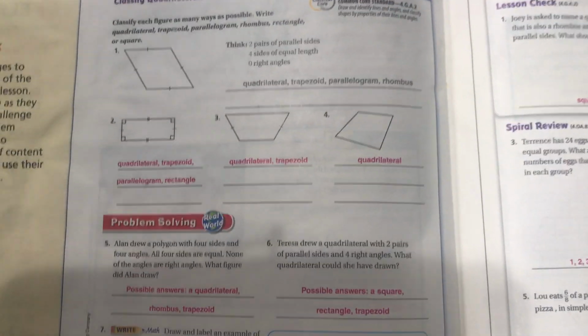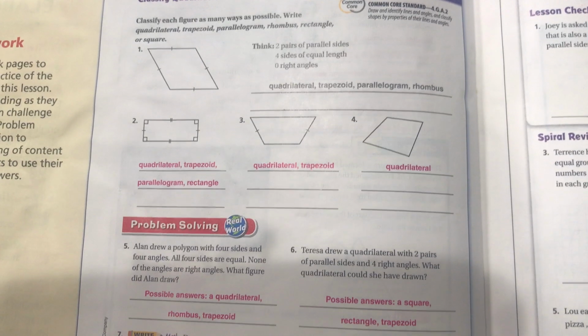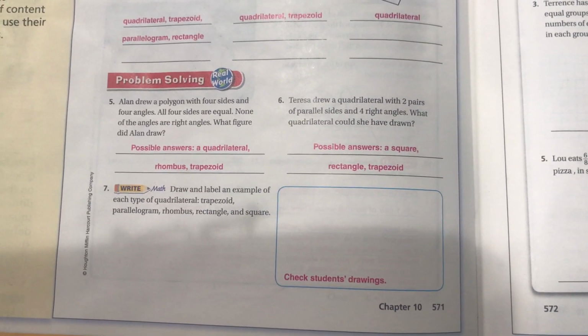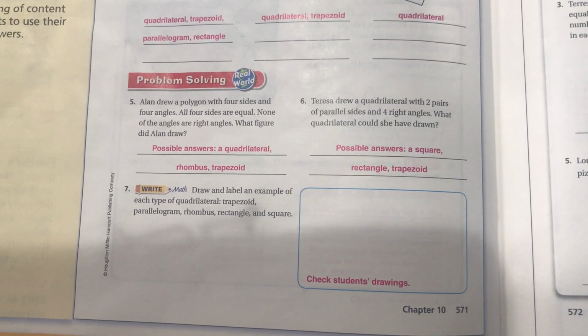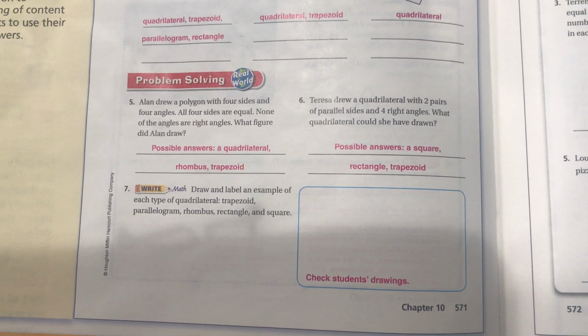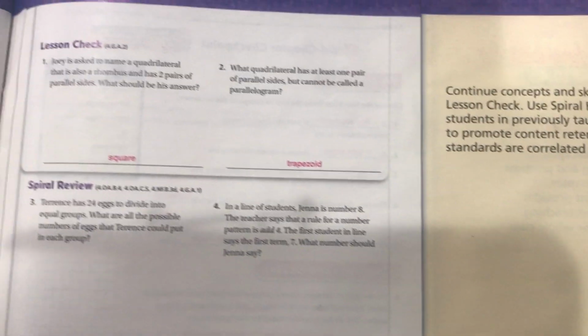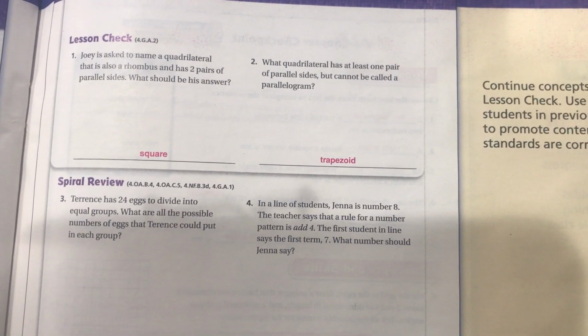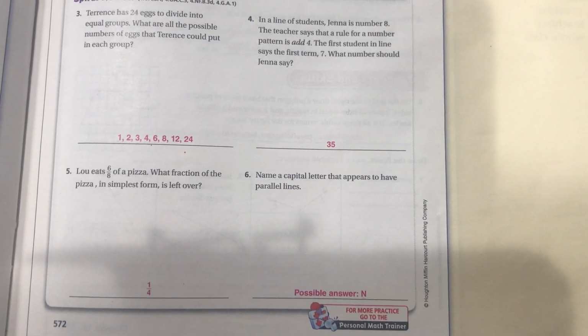All right, friends, here are the answers to page 571. There's 2, 3, and 4. And here's 5 and 6. And of course on 7, they never give me the answers, but use your best judgment. And on page 572, here are your answers, and here are your answers for 3 through 6.